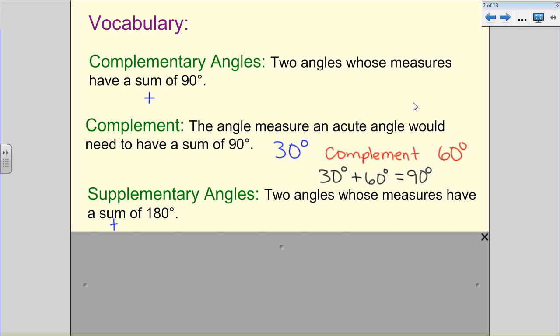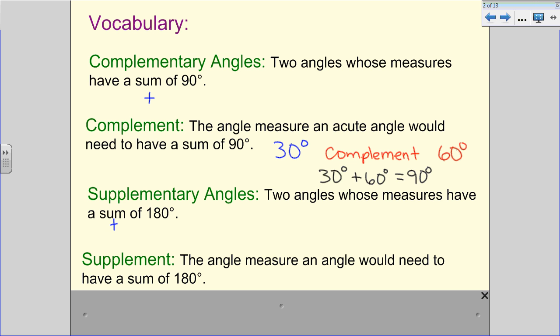Supplementary angles are two angles that have a sum of 180. The supplement is the angle measure an angle would need to have a sum of 180.